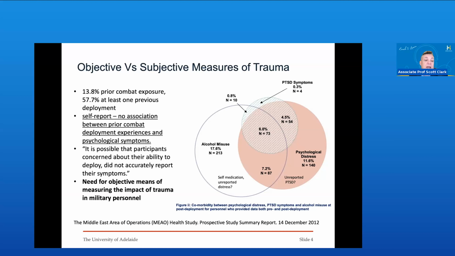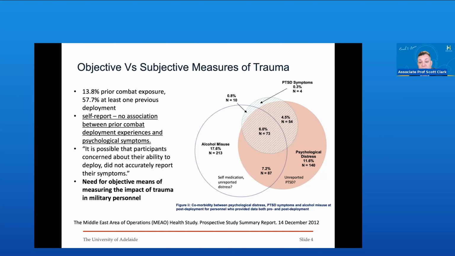And the quote was made in the overall report that it's possible that participants concerned about their ability to deploy, like their job security, didn't accurately report the symptoms. And so there is some need for a better objective measure of a person's exposure to trauma so that people can be supported appropriately in combat and while working in the military.